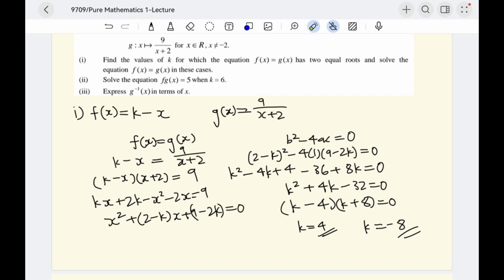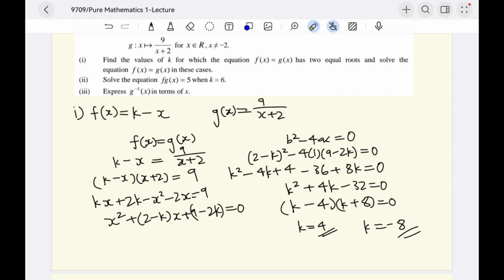You will see that you have two answers of k, which is 4 and negative 8. Given that the question wants you to find the values of k, this plural means that the answer of k is not only 1 but 2.